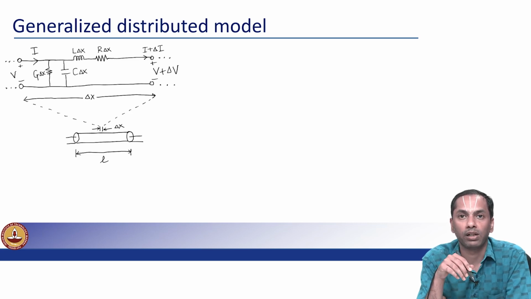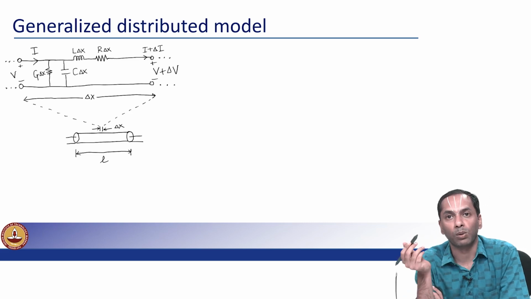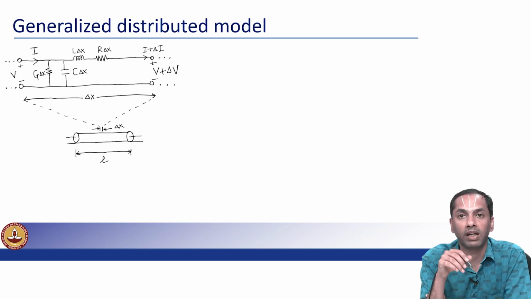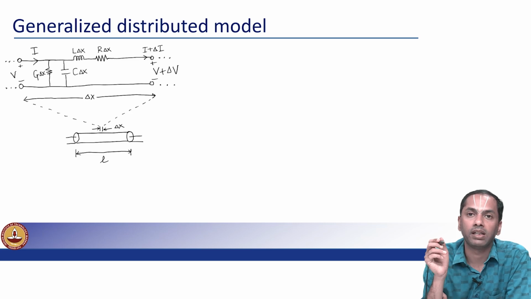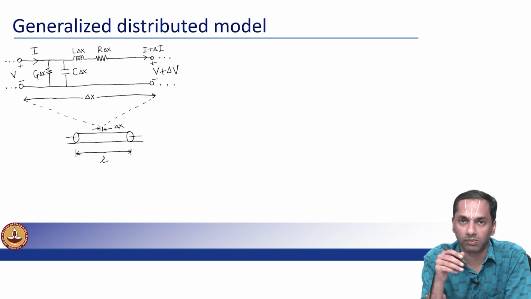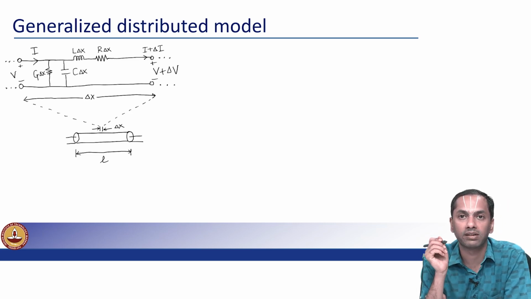If I were to choose to solve this purely in the time domain, it would have been fairly cumbersome, very mathematically tedious, right. But we are going to see that this is going to become quite simple and manageable equations, in fact of a very similar form as we saw for the lossless line, right.